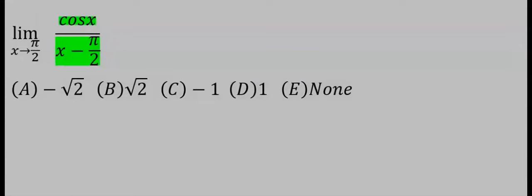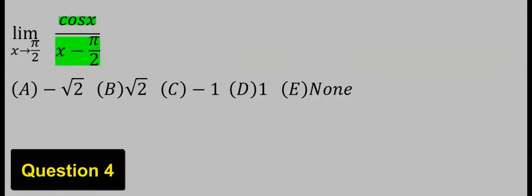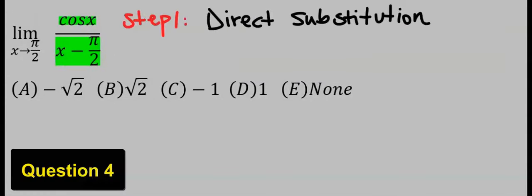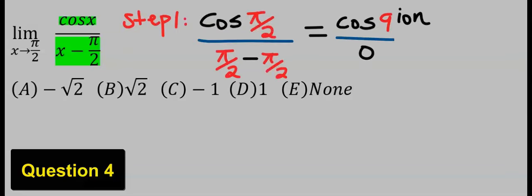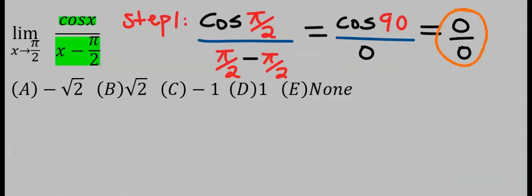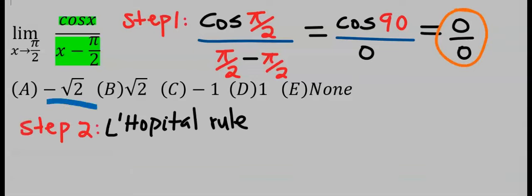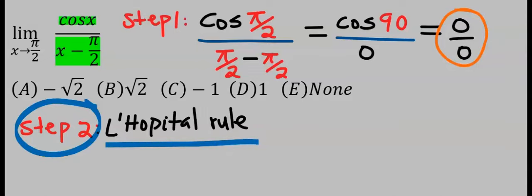Next, let's consider this question. Step 1 is by direct substitution. And by plugging, we got 0 over 0. Next, step number 2, we are going to apply L'Hopital's rule. That is, we are going to differentiate each of these functions separately.